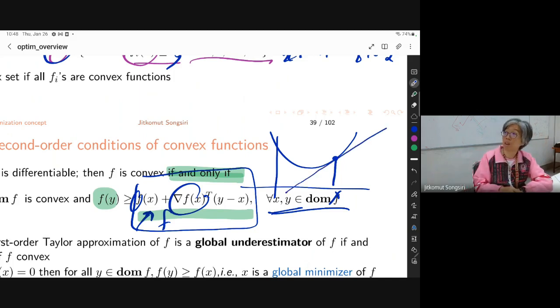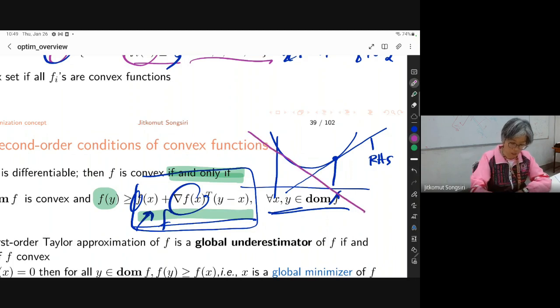So this first order inequality says that my f is convex if, for a tangent line at any point, my graph always lies above the tangent line. If I verify at this other point, it still holds.